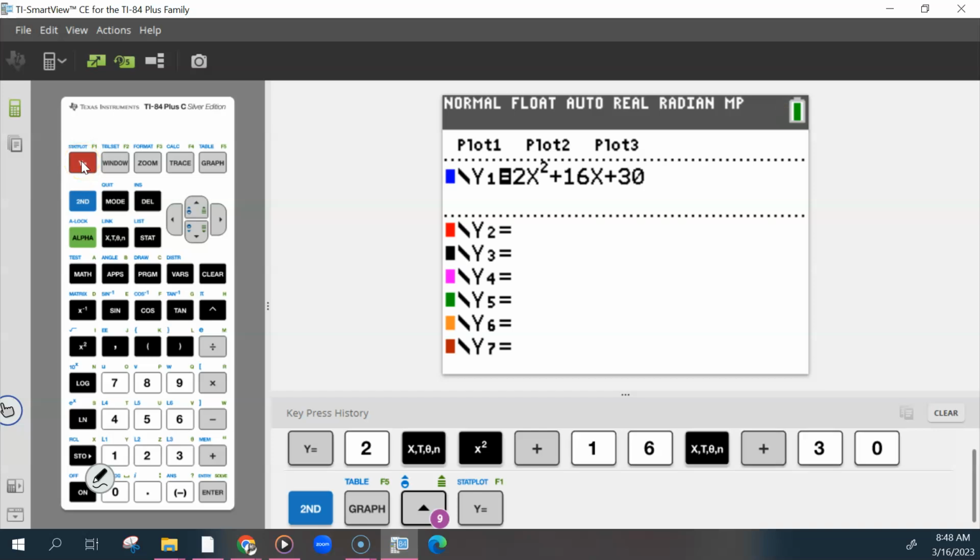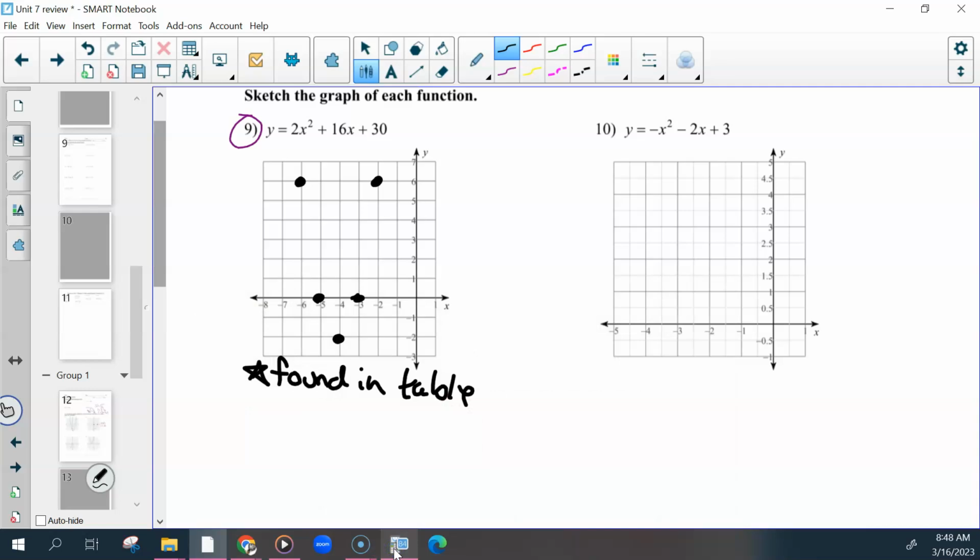Yes, let's see yours. Okay, that would be why. And once you have your points, connect them. Make the U shape, make sure you have arrows at the top. Make sure you're paying attention to the directions. It may say something more than just graph, so pay attention to the directions.